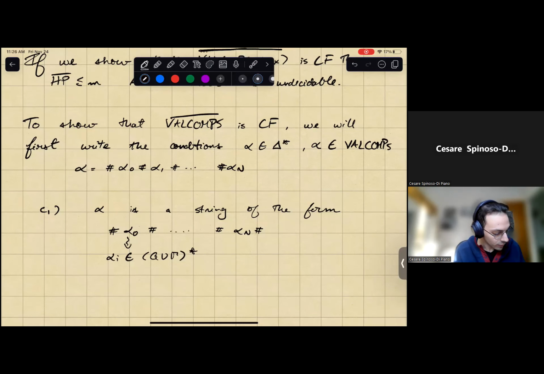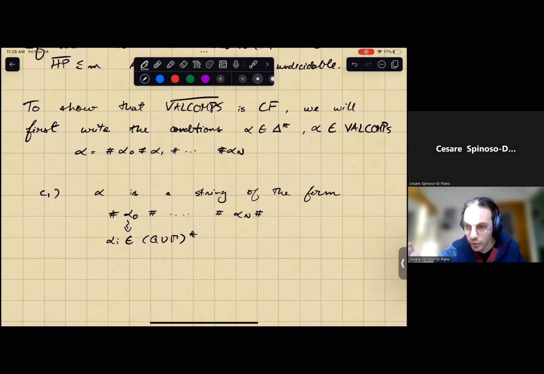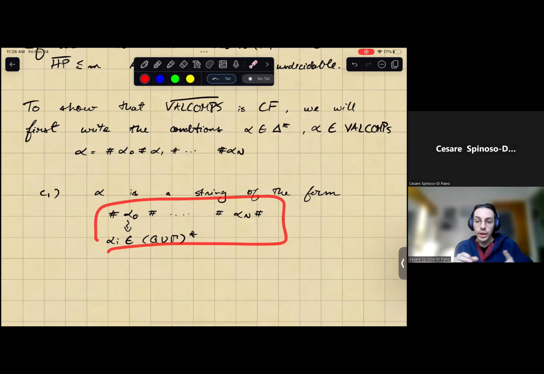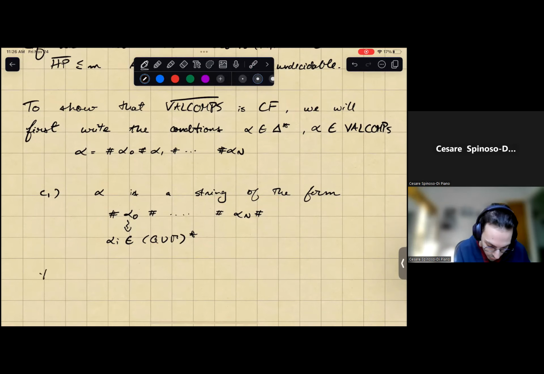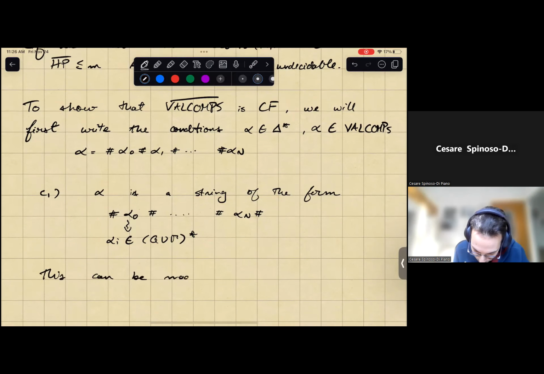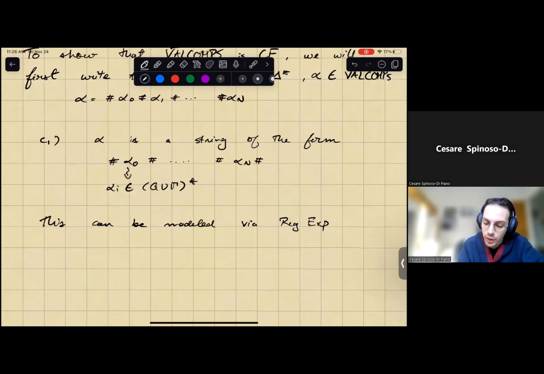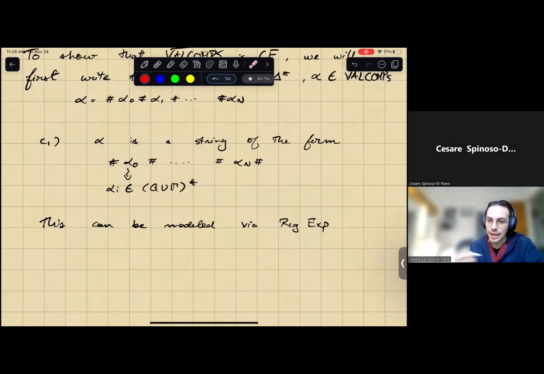But what I'd like you to draw your attention to is that if we just have this condition as is, we can actually model this with a regular expression. So how can we do this? Well, we can create the regular expression that describes this string over Q union gamma whole star. Let's just call that alpha rex.